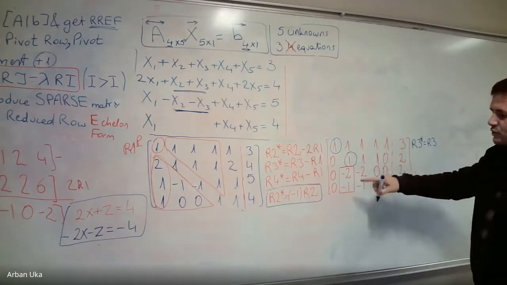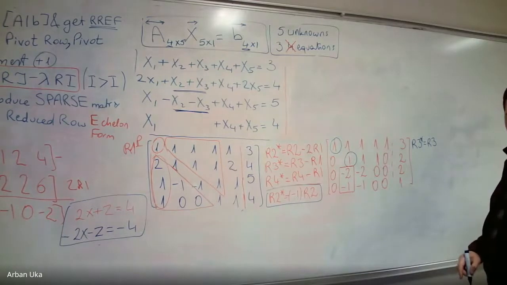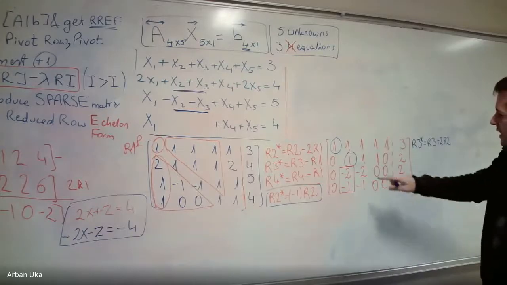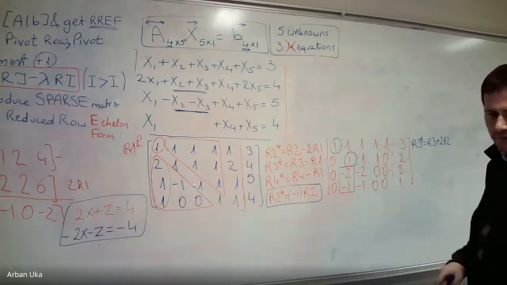How does this minus 2 become 0? Plus 2 row 2. We can add twice row 2.